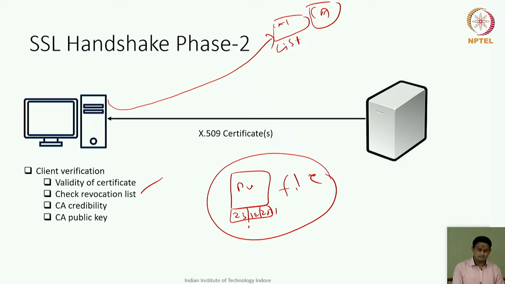It has not been invalidated by the certifying agency. And then the certifying agency's credibility itself is also verified, meaning whether that certifying agency that the server identifies, okay, my certificate is certified by so and so certification authority, is it a credible source? And then finally the public key that is supplied as part of the certificate.